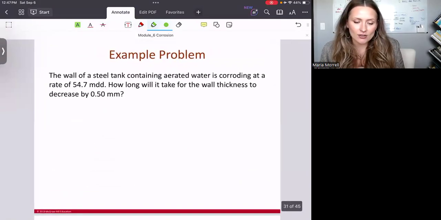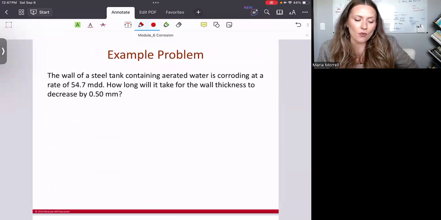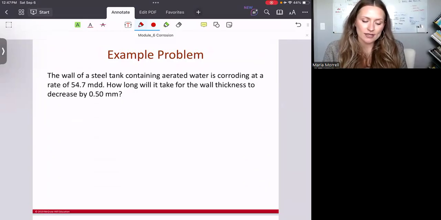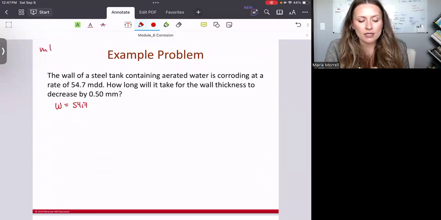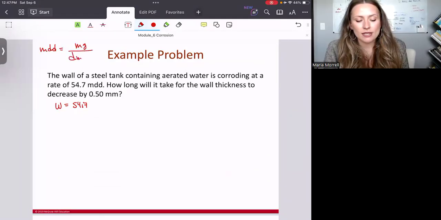All right, let's solve a few more problems. The wall of a steel tank containing aerated water is corroding at a rate of 54.7 mdd. Now, mdd stands for milligram per decimeter squared per day.